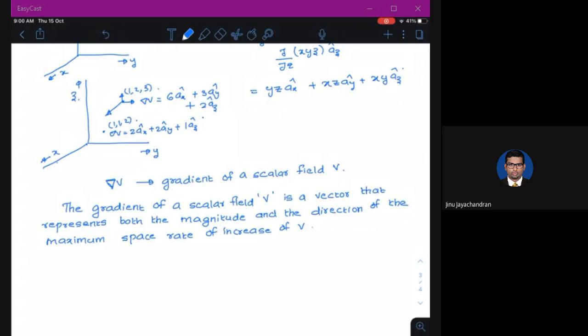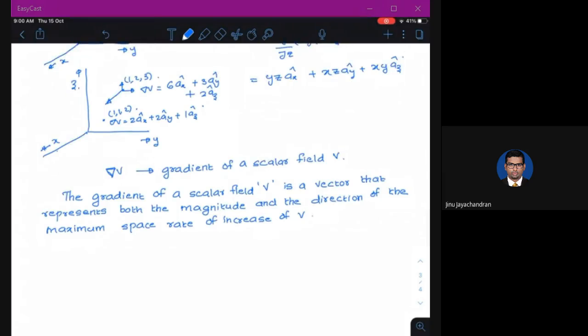Okay, so what does it define? A gradient represents both the magnitude and direction of the maximum space rate of increase of v.